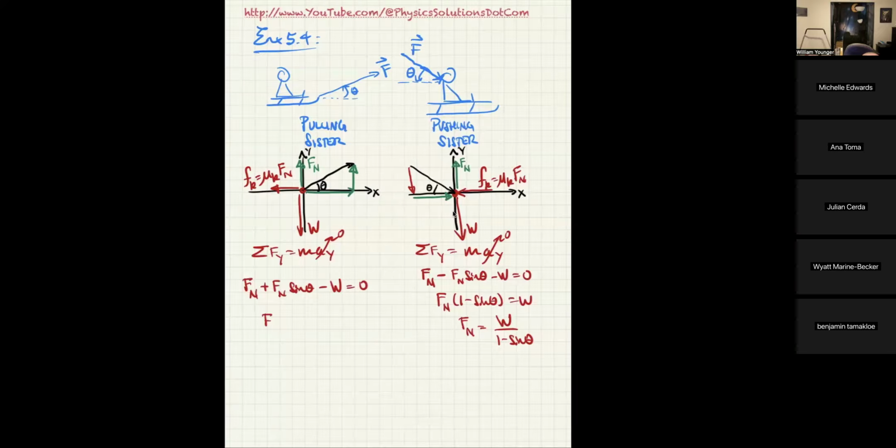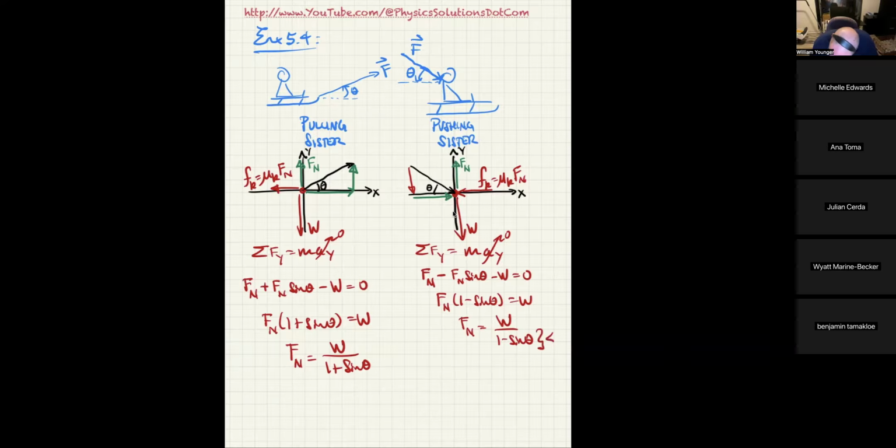So I get Fn times 1 plus sine theta is equal to W, or the normal force is equal to W over 1 plus sine theta.